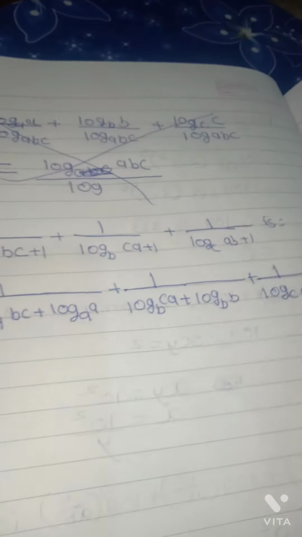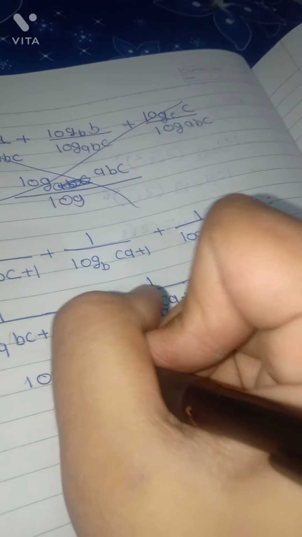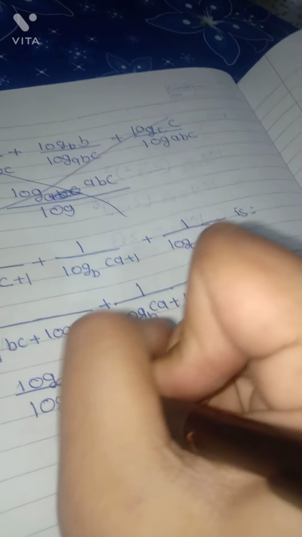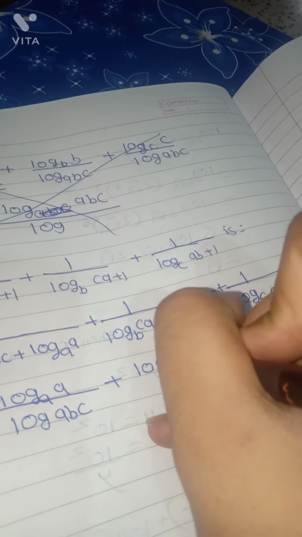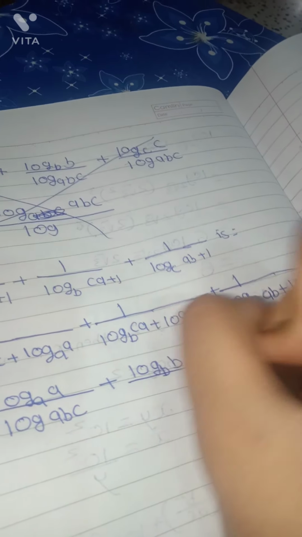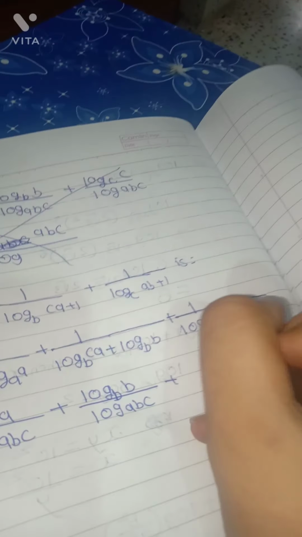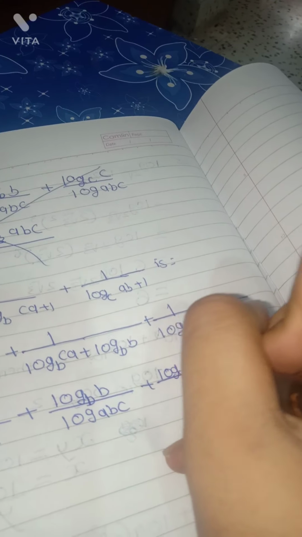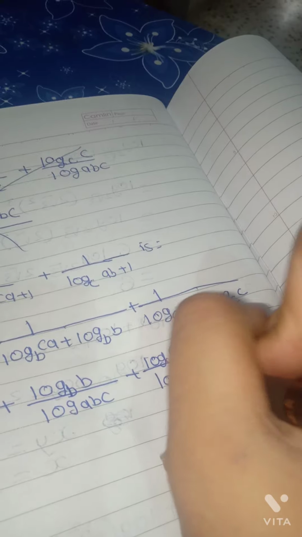Now by changing the base, it will be equal to log_a(a) by log abc plus log_b(b) divided by log abc plus log_c(c) divided by log abc.